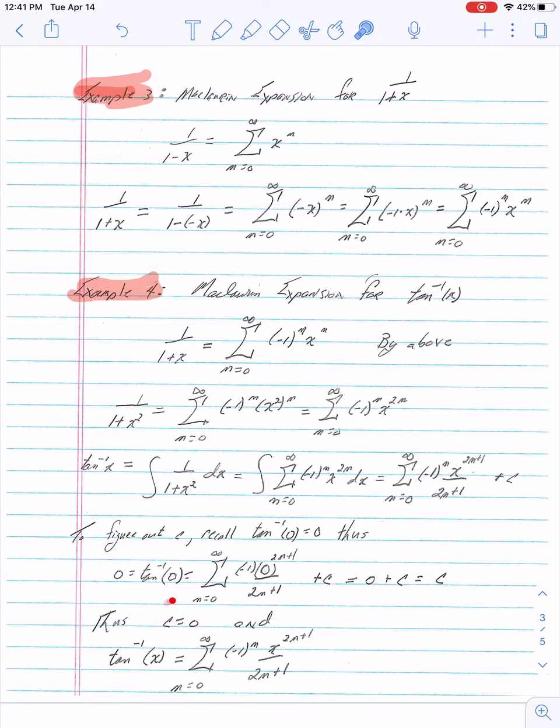Therefore, c is 0, which means what? The arctangent is just this piece, because c is 0. So I get the arctangent of x is the summation, n running from 0 to infinity, of minus 1 to the n, x to the 2n plus 1 over 2n plus 1.